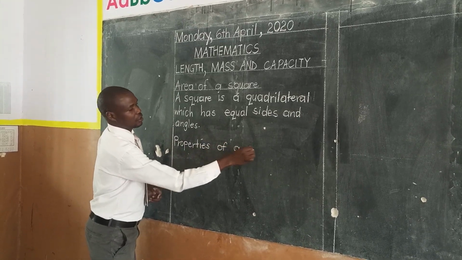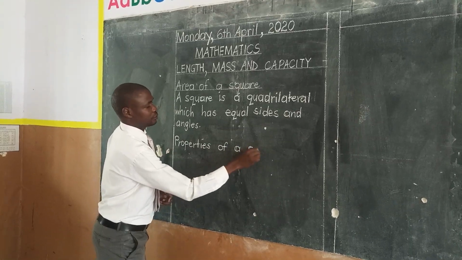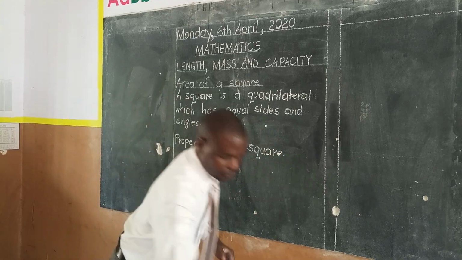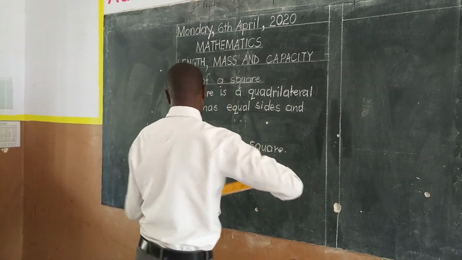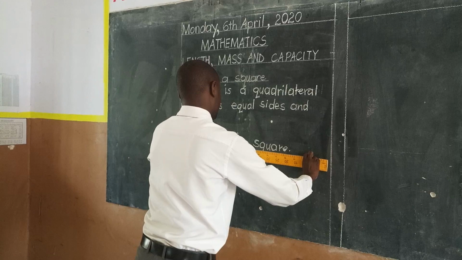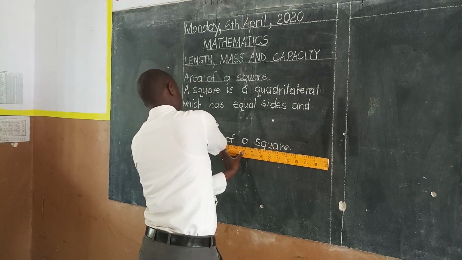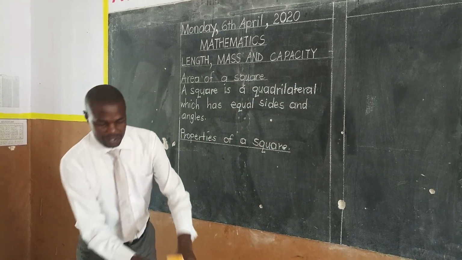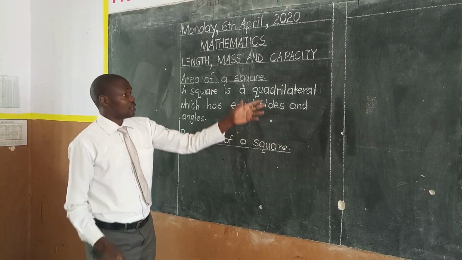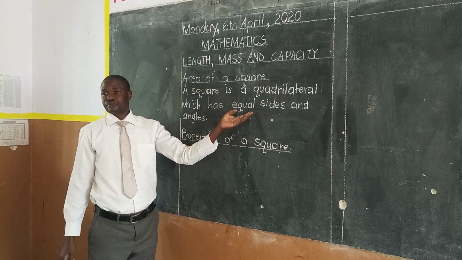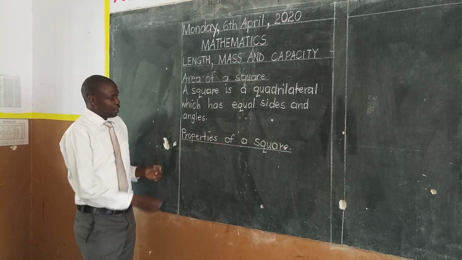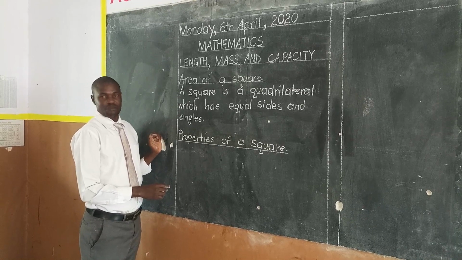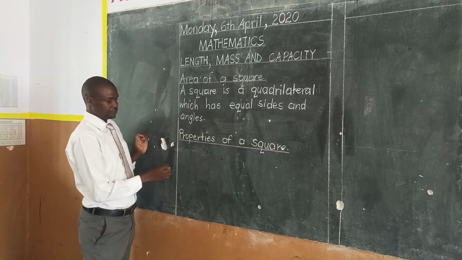of a square. Some of these properties are already in our definition up here. One of the properties of a square is that a square has four equal sides.